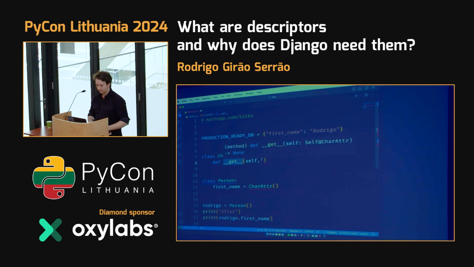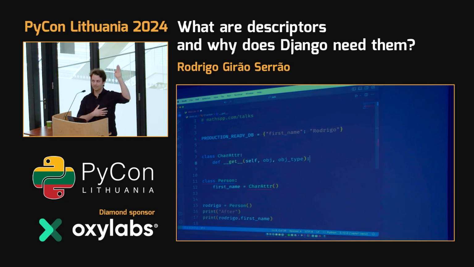So what does this get accept? It's a terrible time to blank. It accepts an instance, or let's write it the way I usually do to prevent further blanks, an object and an object type. So this method get will be called whenever I try to access my attribute.